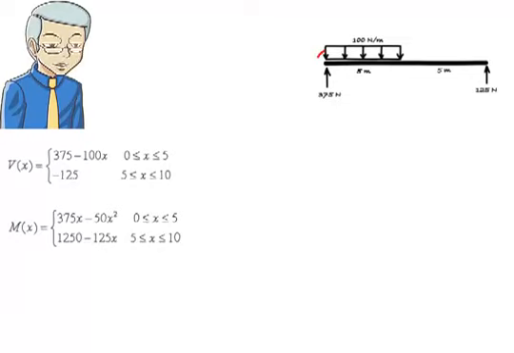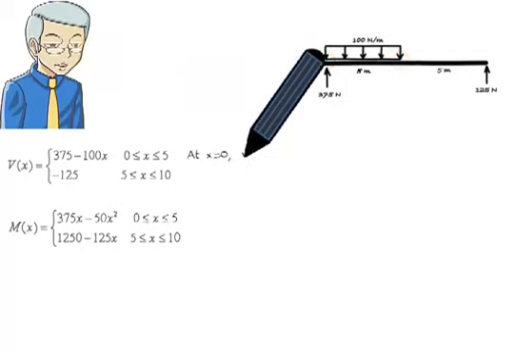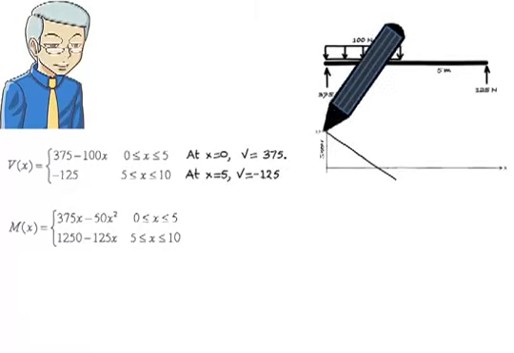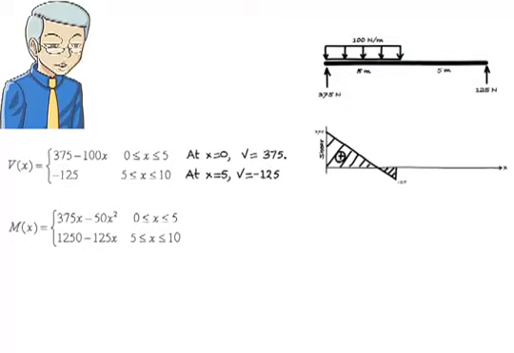So we evaluate the equation at x equals 0 and x equals 5. At x equals 0, the equation gives us 375. At x equals 5, we get negative 125. First, locate the points on the coordinate system, then connect them with a straight line.